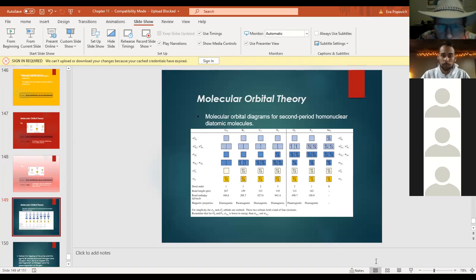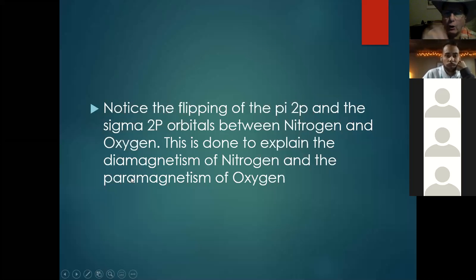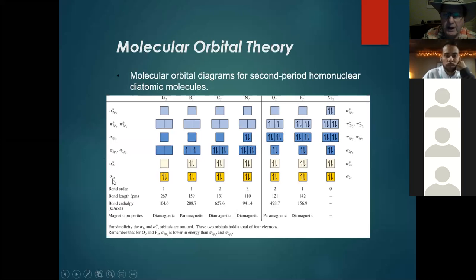Okay, we're looking at this chart, and I'm going to put it up on the bigger picture so you can see it a little better. Understand, right now, these are only drawing the second shell. Because if you notice, this is sigma 2s, sigma antibonding 2s, pi 2p, pi 2py, and 2pz, sigma 2p, pi, pi, sigma.